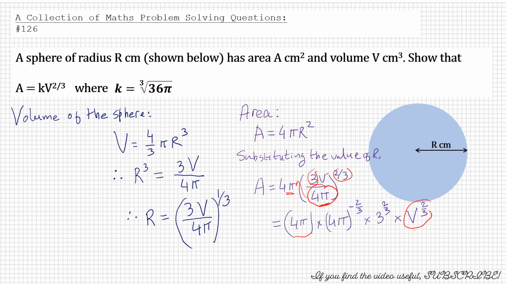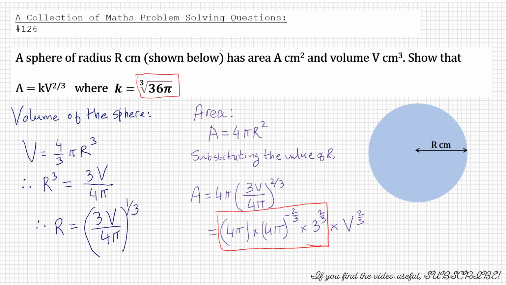So it is this part now. We've already got v to the power 2 out of 3, so that's done. What we need to simplify is this expression, so that we get k equals cube root of 36 pi.